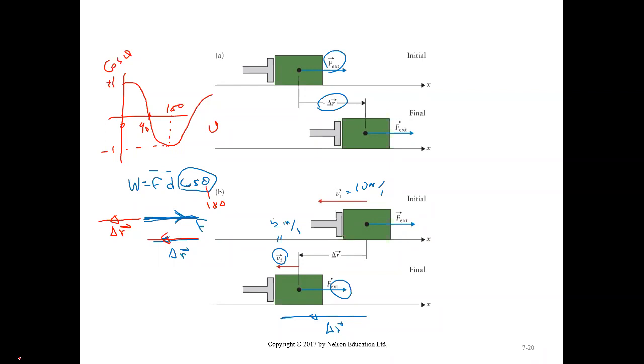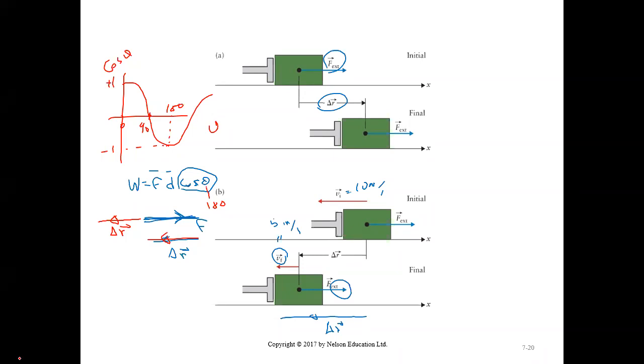And at 180 degrees, it becomes -1. Okay. So you see that for any angle greater than 90 degrees, the work done will be negative. Less than 90 degrees, the angle between force and displacement, it will be positive.